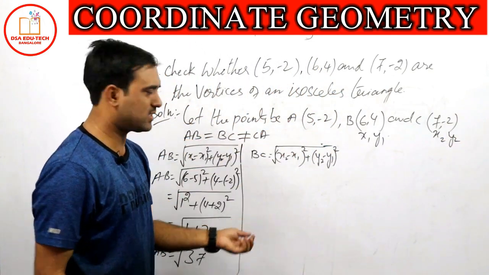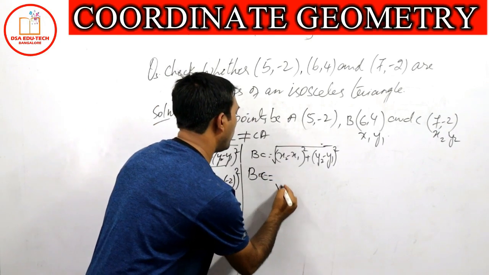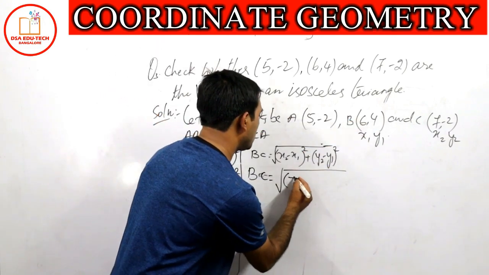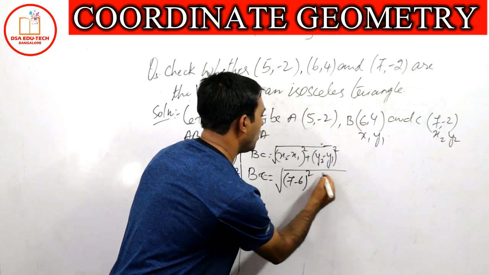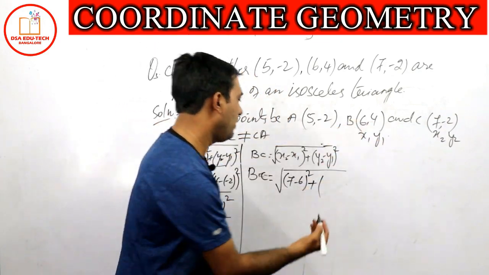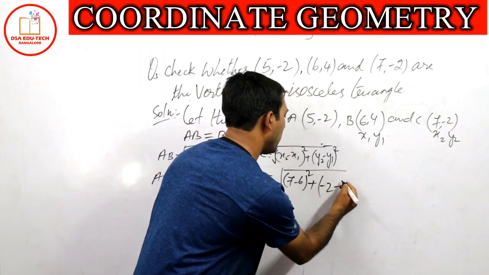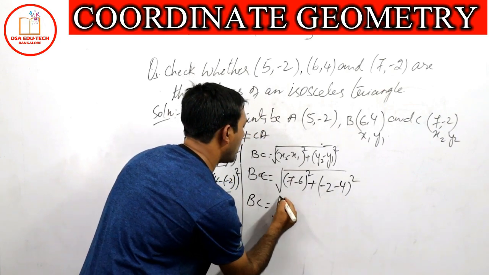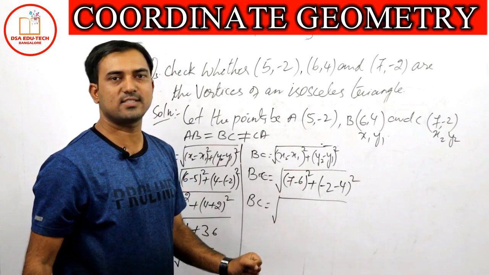Now again I'll replace. BC equal root under x2, which is 7. So 7 minus x1 is 6 whole square plus y2 is minus 2 minus y1 is 4, so 4 whole square.